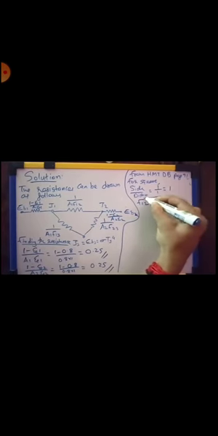Then F12 is equal to 0.1. This value can be directly obtained from the HMT data book, page number 91.